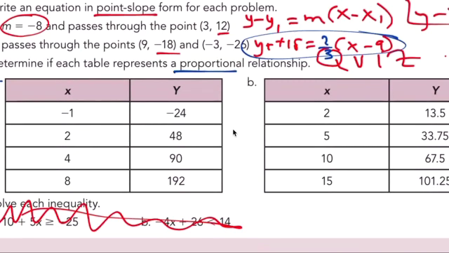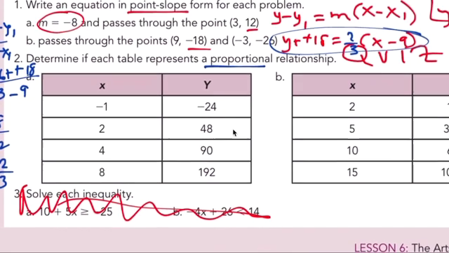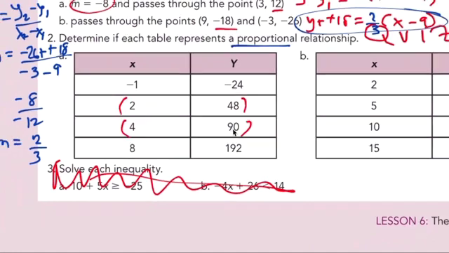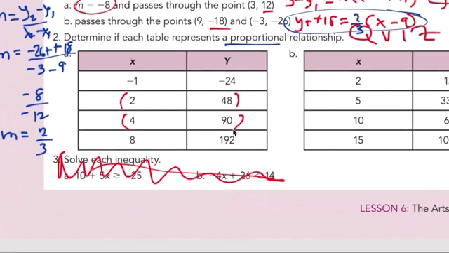You need to see if it's proportional or not, okay? That means you need to find the slope. I'm going to pick two positive numbers. Find the y-intercept, x sub 1, y sub 1, x sub 2, y sub 2.